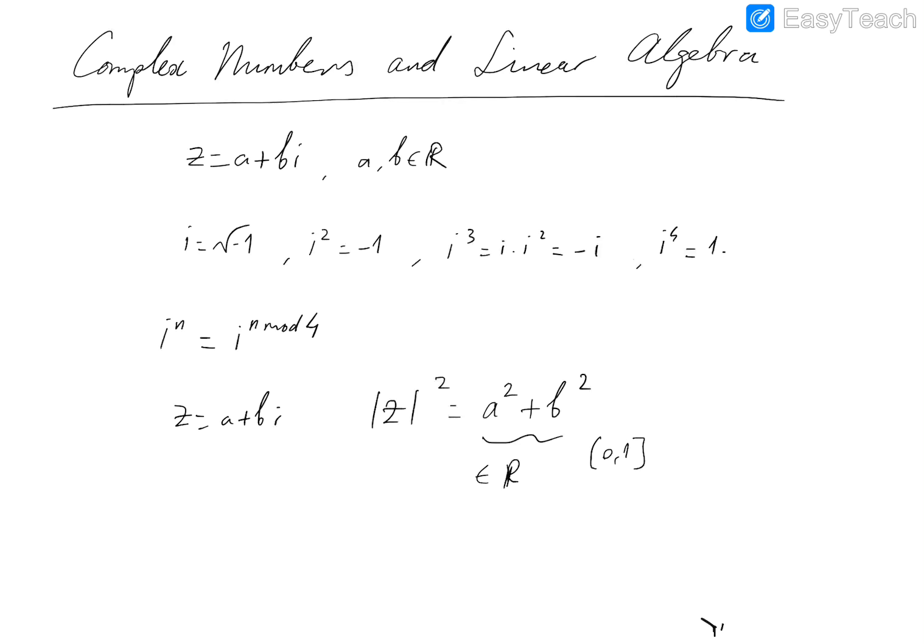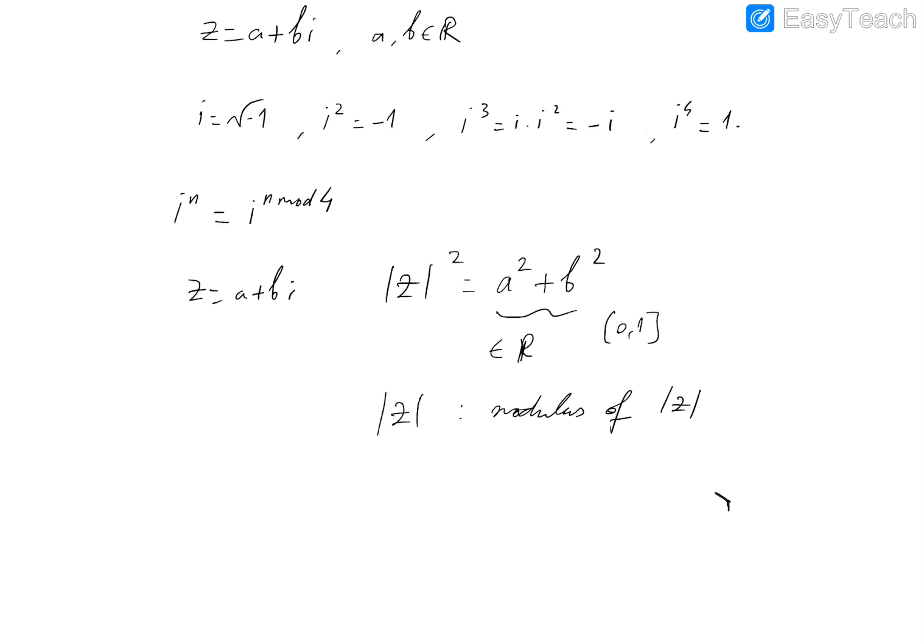So we call magnitude z the modulus of z. And in this case, magnitude z is equal to, from the equation above, the square root of a squared plus b squared.